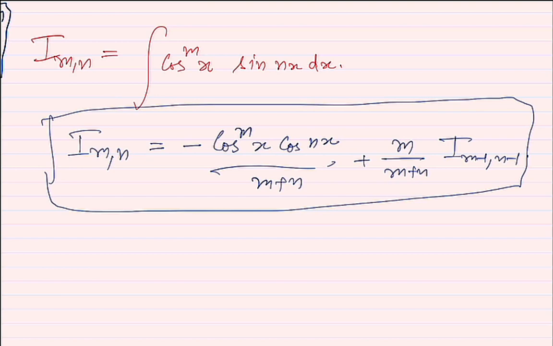Similarly, now we will interchange cos and sin. First of all, let us find the formula for cos raised to power m x cos nx dx.